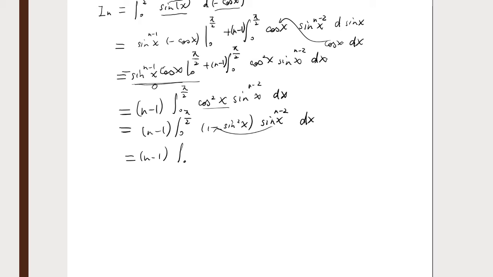So the first term we're going to have is sine x to the power of n minus 2 dx, and the next term is within the same integration range, but about sine x to the power of n, because we have the order 2 here and the order n minus 2 here, so they will add together on the power part and give us the final result as sine x to the power of n. Okay, so we have dx at the very end.